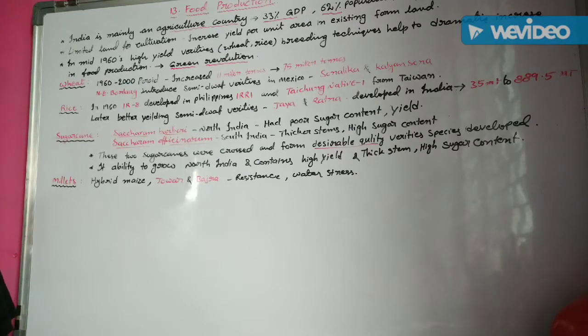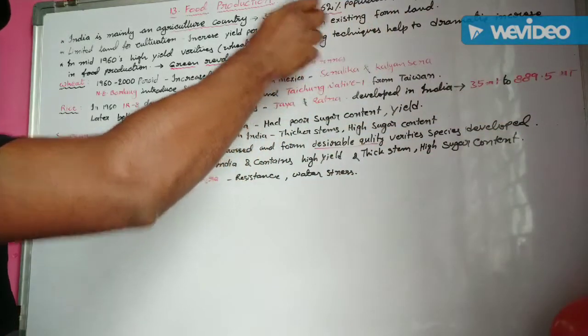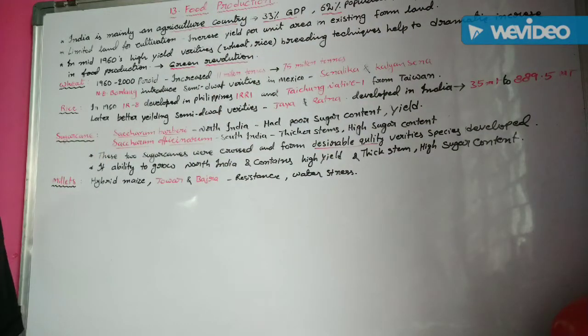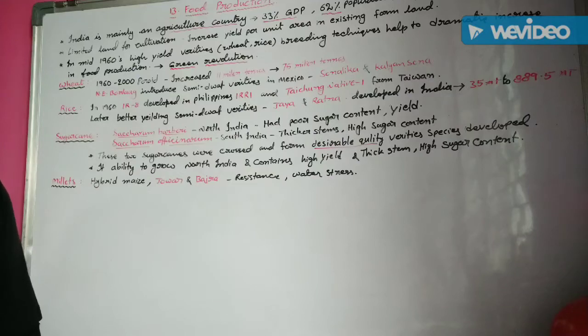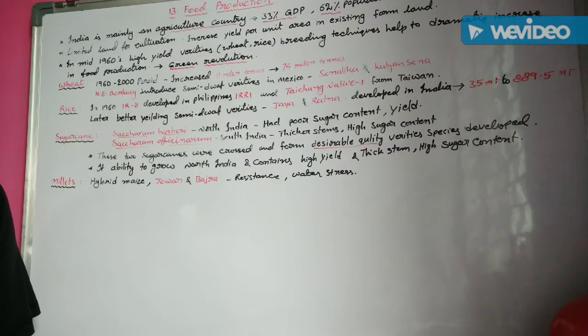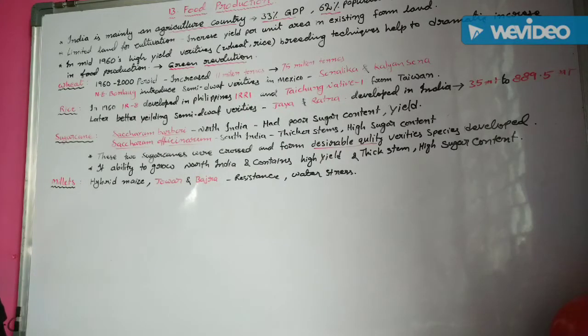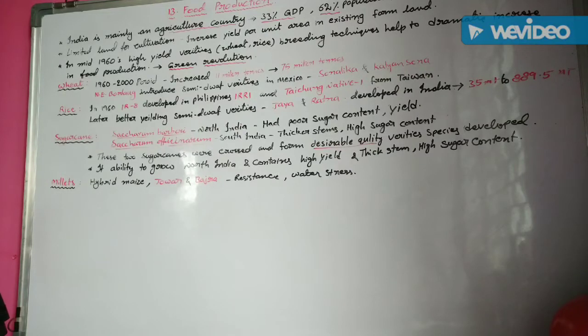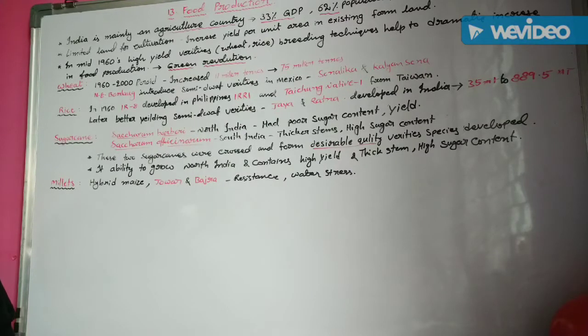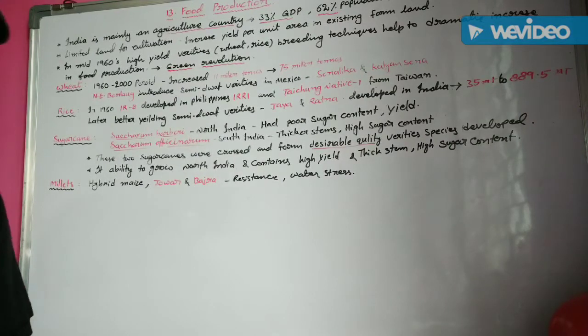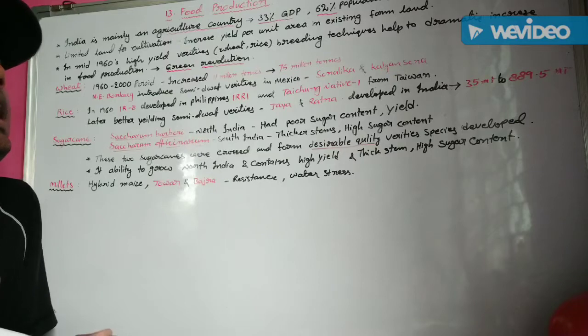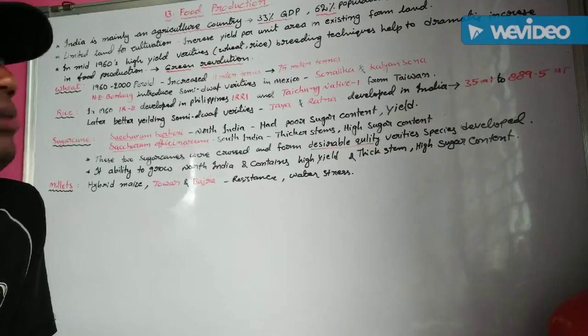Approximately 33% of the gross domestic product, GDP, which means gross domestic product, and also employment: 62% of the total population of India mainly depends on the agriculture field for employment.